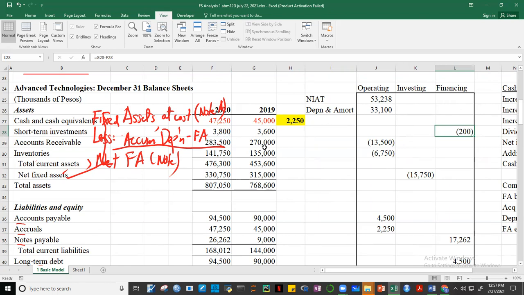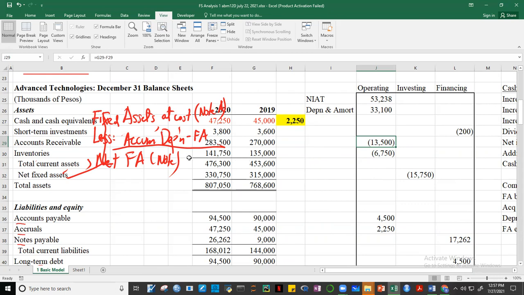Same with AR, from 270 to 283. It falls under operating activities. The analysis of this is that we sold more, however it has not yet been collected, so cash is not yet with us, so it's technically a use of cash. Same with inventory.